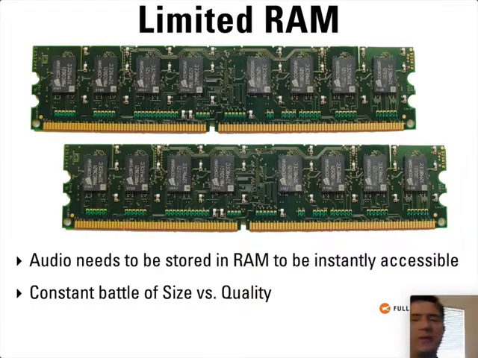All right, so the first one here is going to be limited RAM. The amount of RAM you have in your computer correlates to the amount of stuff that you can play and use simultaneously, whether it's applications loaded at the same time or plugins loaded up at the same time, or how many Contact sample libraries.